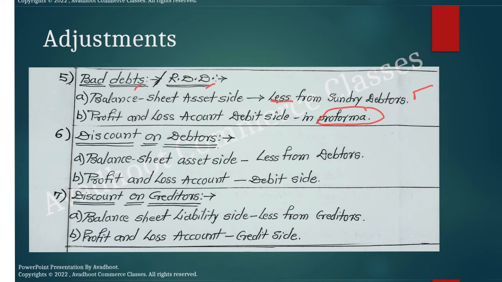Then whatever figure comes, on that we have to deduct bad debts, and after deducting the bad debts, on the figure arrived, we have to calculate the reserve for doubtful debts, RDD, by percentage, and then on whatever figure arrived, that is your real debtors, calculate discount on debtors. This is to be always kept in mind.